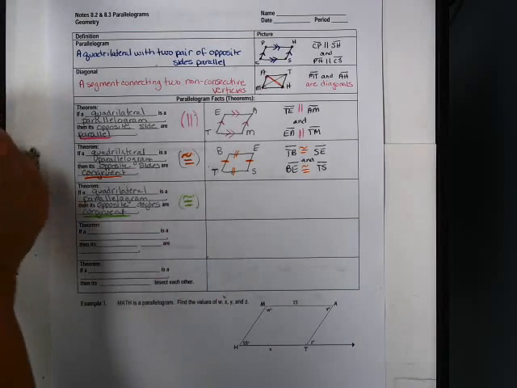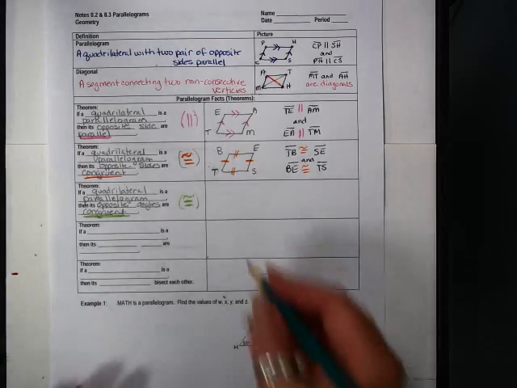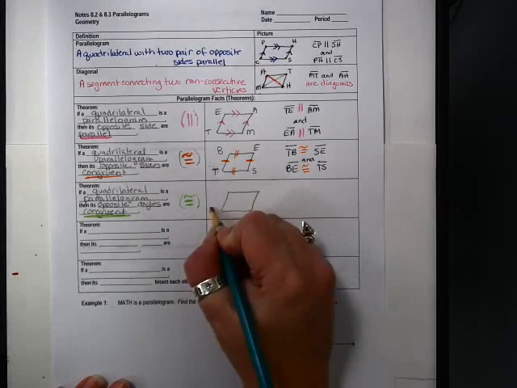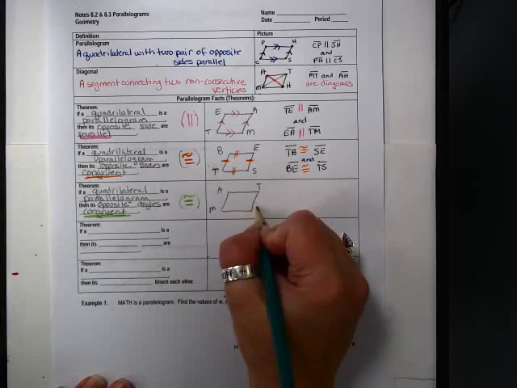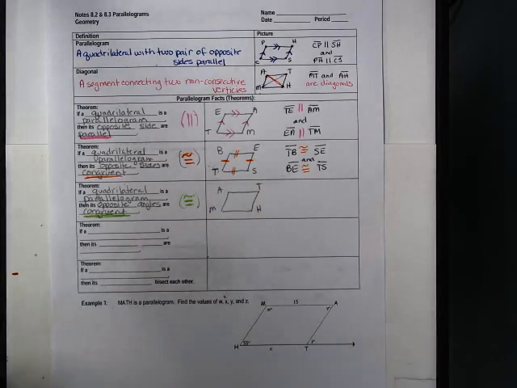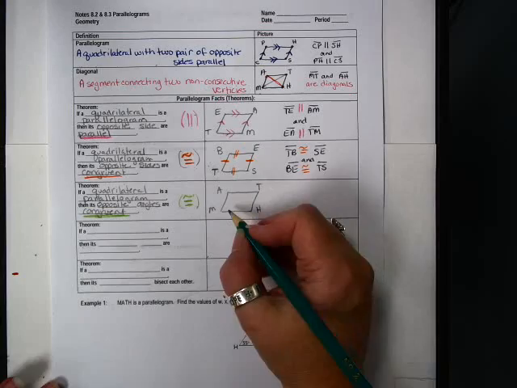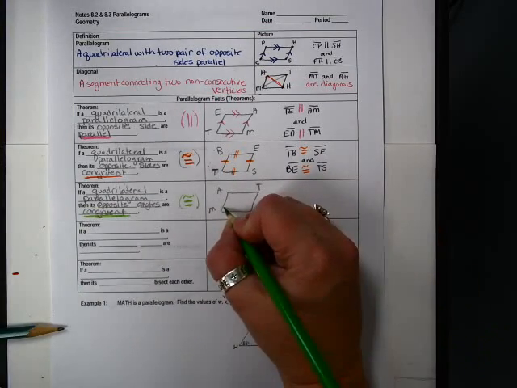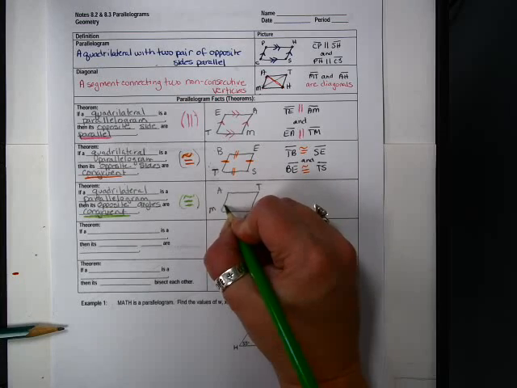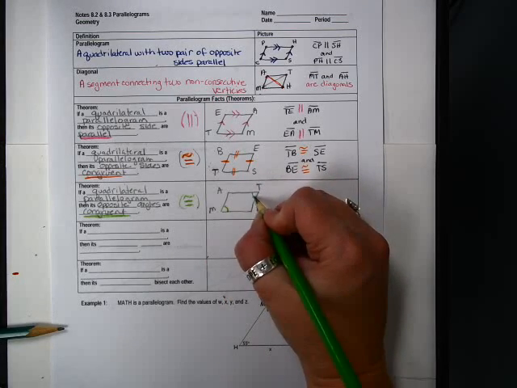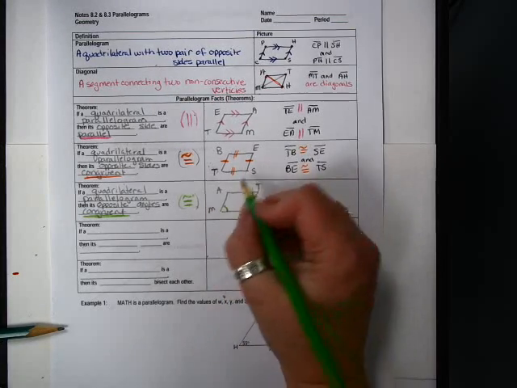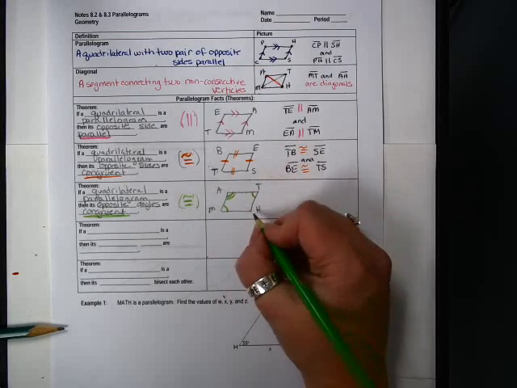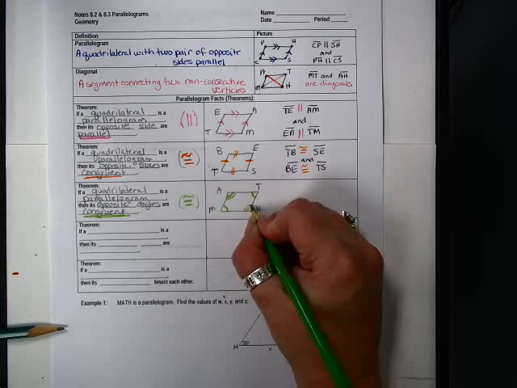Alright, this time I'm going to draw MATH, A-T-H. And to mark these congruent, we use the arc marks, the little curves. So M and T are opposite from each other, so I'll mark those. And then A, I'm going to mark this with a double one. And H, that's a double arc.